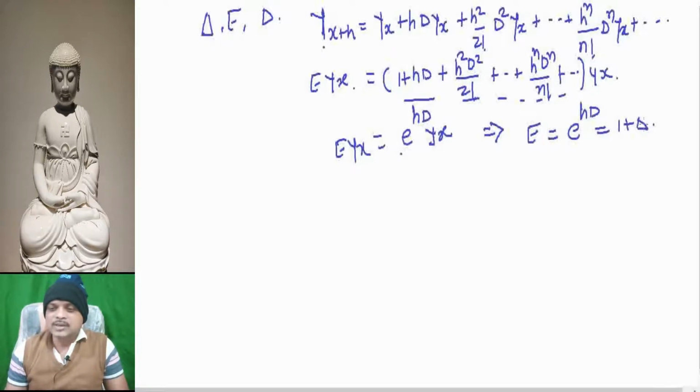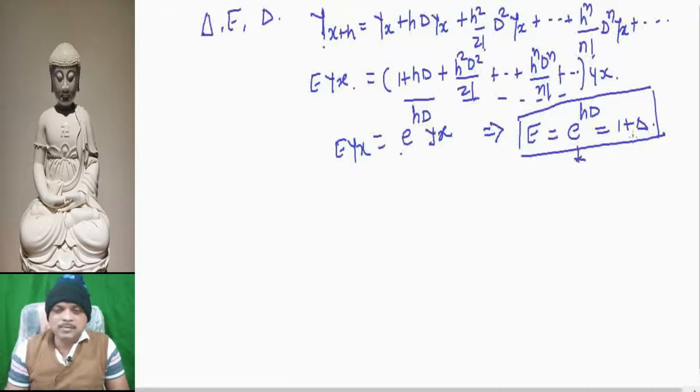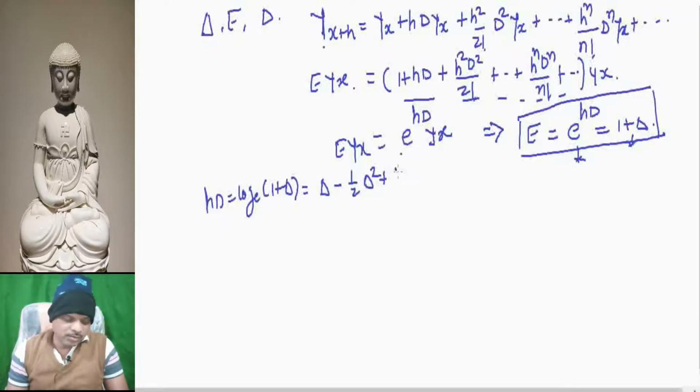So, we get this operator relation between these operators. Now, if we consider the logarithm, that is hD equals log base e of 1 plus delta, then its expansion is delta minus 1 by 2 delta square plus 1 by 3 delta cube minus, and so on.